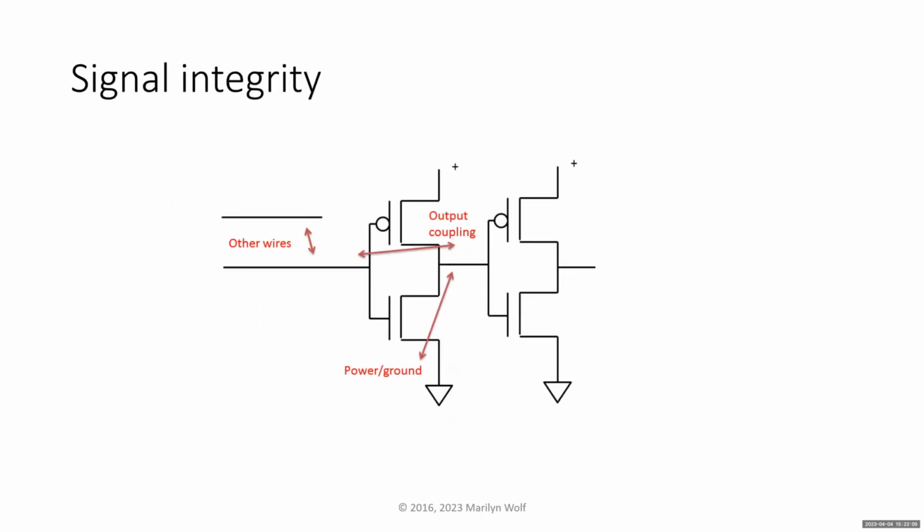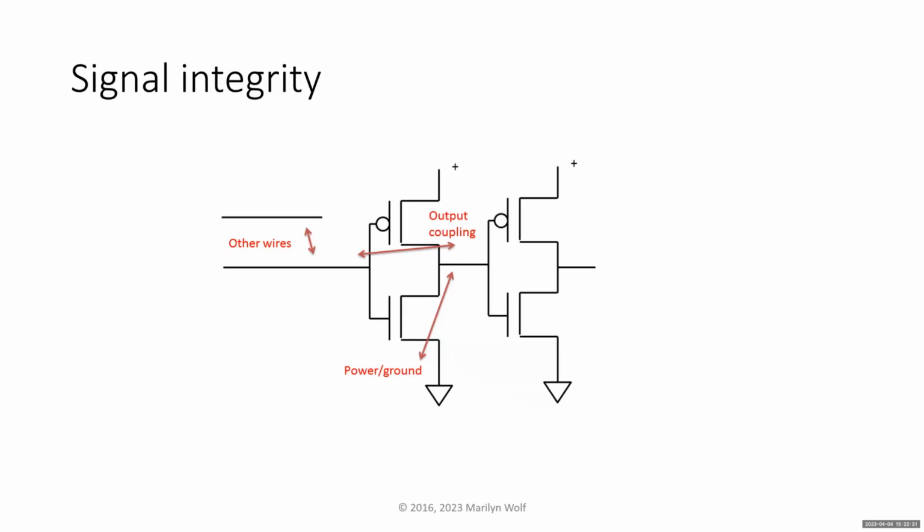Here are two gates. Where can we have noise, unwanted values coming in? Well, we could have problems coming from either the power or the ground signals. Power and ground are not perfect signals. There will be some disturbance on them. Those can be transmitted to the outputs.